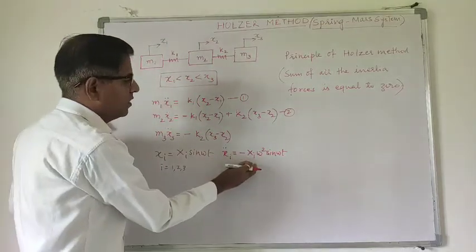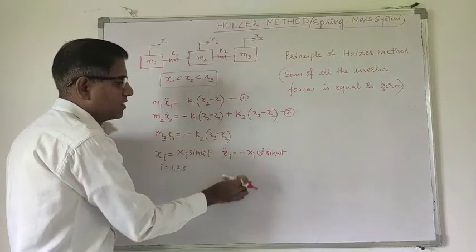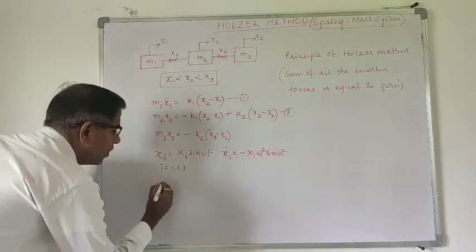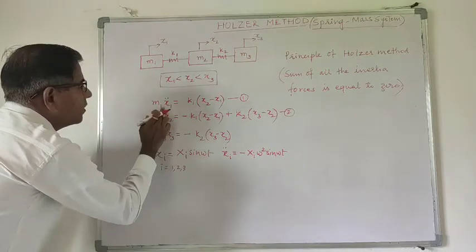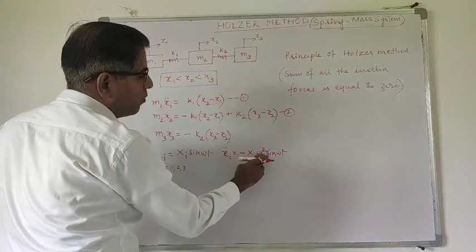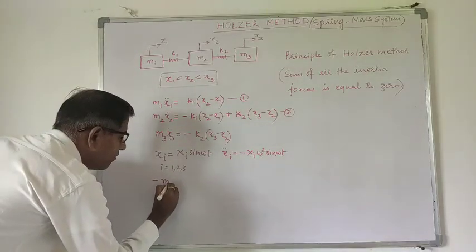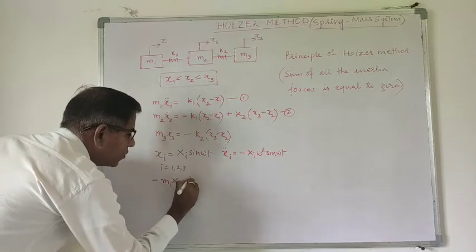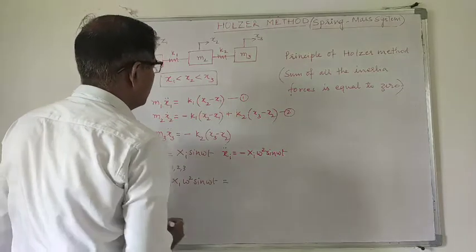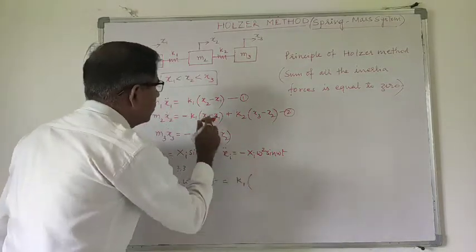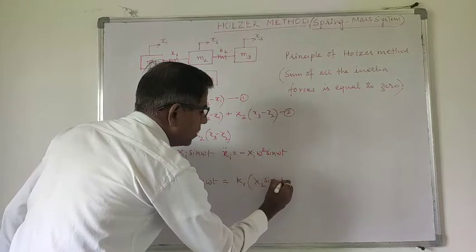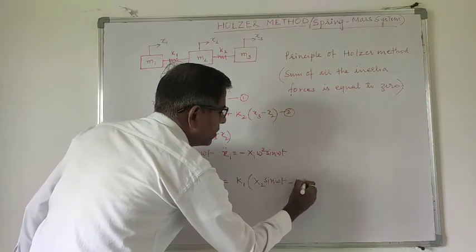Now if you put these values of xi and xi double dot in these equations, then equation 1 becomes: replace x1 double dot with minus X1 omega square sine omega t, so it becomes minus m1 X1 omega square sine omega t is equal to k1 into X2 sine omega t minus X1 sine omega t.